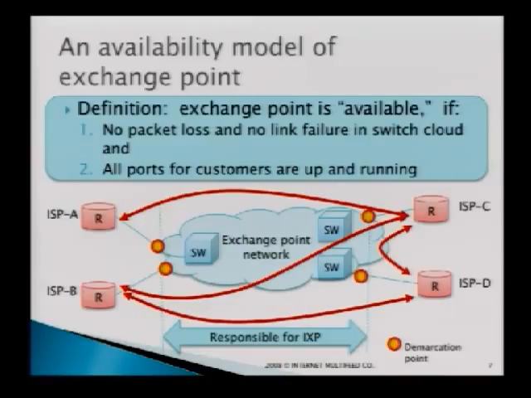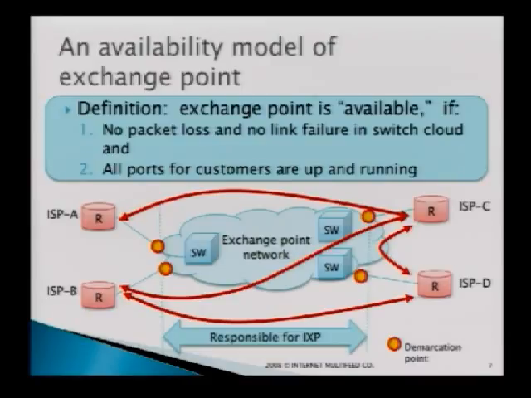So there is an exchange point network which consists of multiple Ethernet switches or some kind of switches linked together. This makes the switching cloud. And ISPs connect their routers to this switching cloud. So this connection is the exchange point switches and the routers connection.